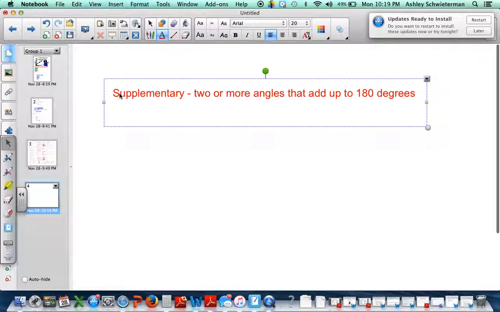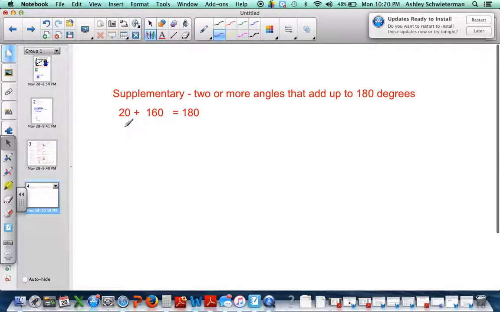So an angle that has 20 degrees is supplementary with an angle that has 160, because 20 plus 160 would equal 180. Those two, this one and this one, would be supplementary.